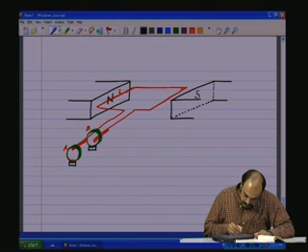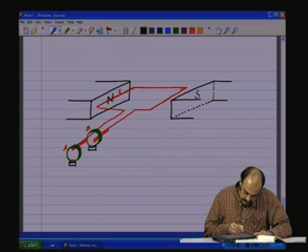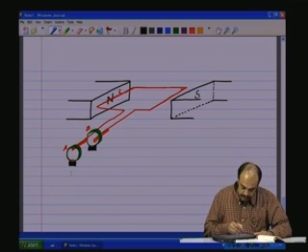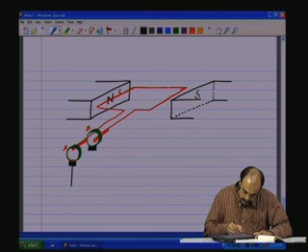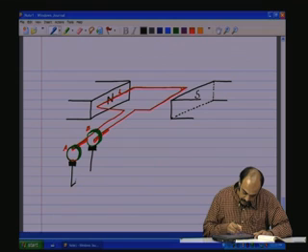We have two carbon brushes, and these carbon brushes are making only spring contact with that one, and through this we bring out the leads, and then we can now connect a load resistance. This is the load.